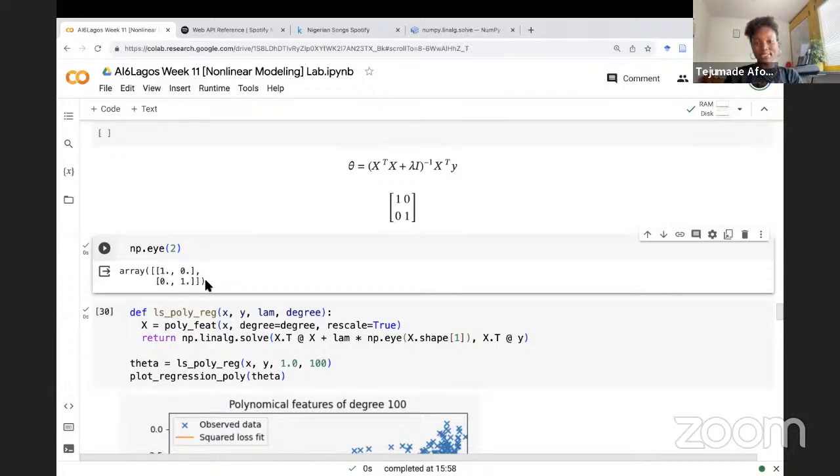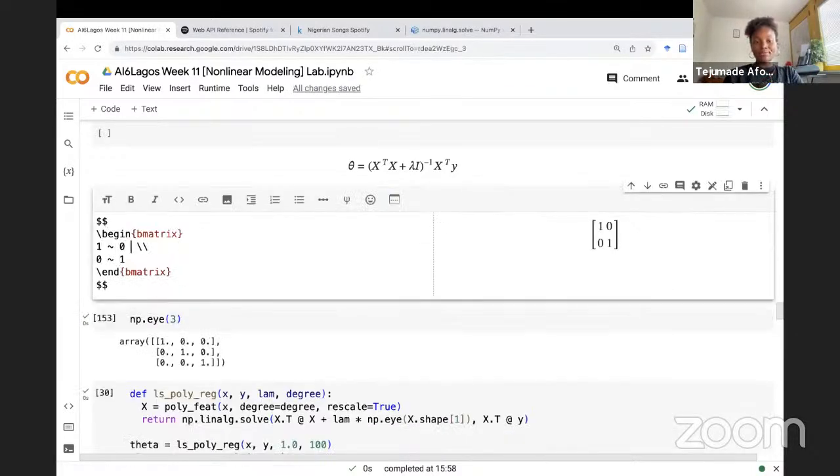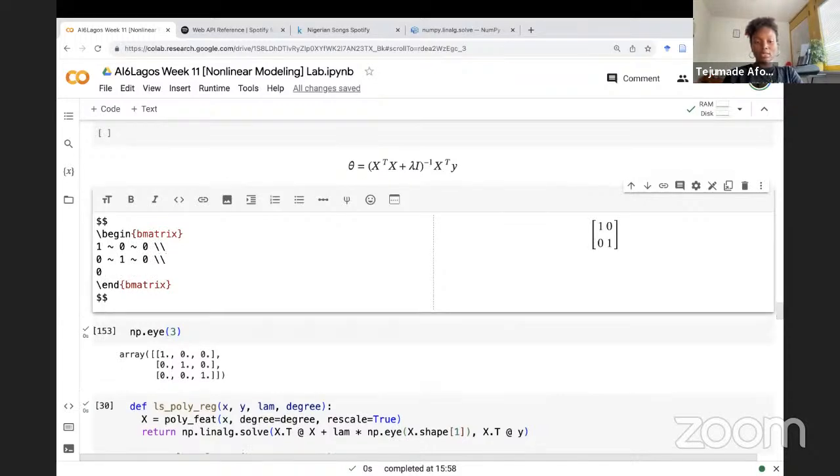Yeah, you can see. So you have 1 on the diagonal and 0 off the diagonal. So this is the identity matrix. And you can view this like 3 by 3, so you just keep going: 1 0 0, 0 1 0, 0 0 1.